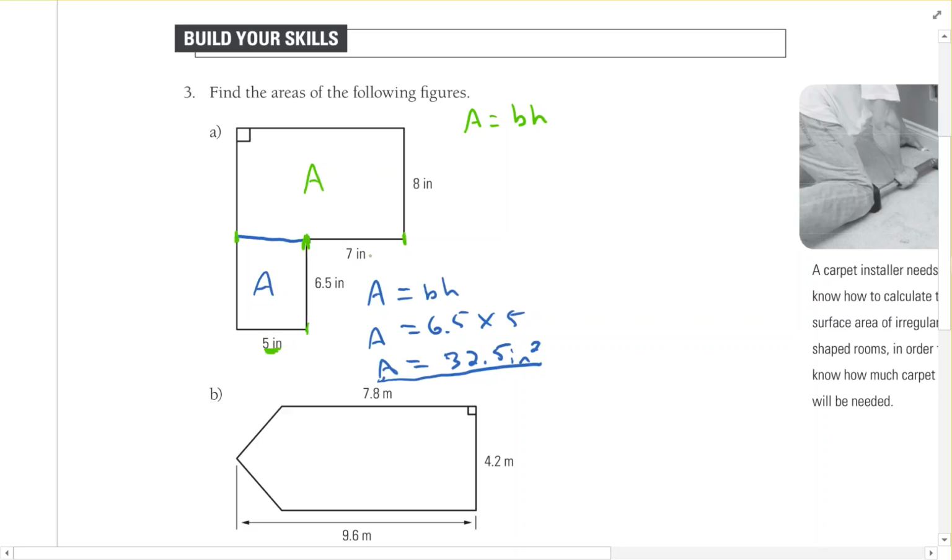So if I just go 7 plus 5, I can tell that the bottom here is going to be 12 inches from there to there. So now I know the base of that one. So we'll just go area is equal to 12 times 8, which is 96 inches squared.